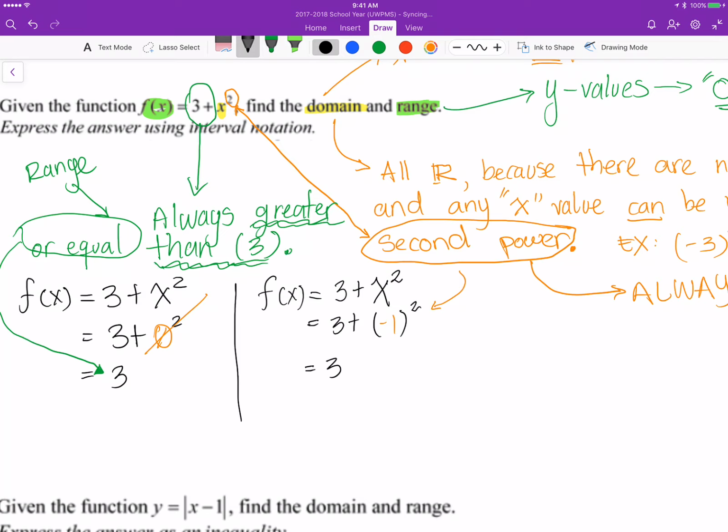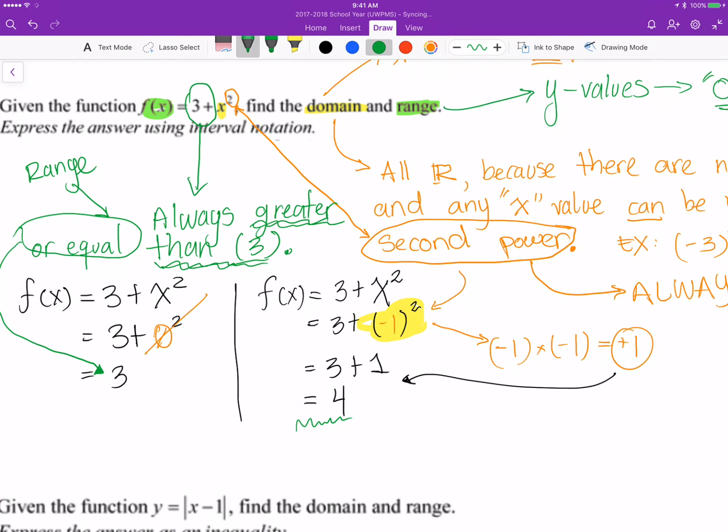So 3 plus, again, -1 to the second power is the same thing as -1 times -1 equals +1. And then equals 4. So now we have satisfied the second part.